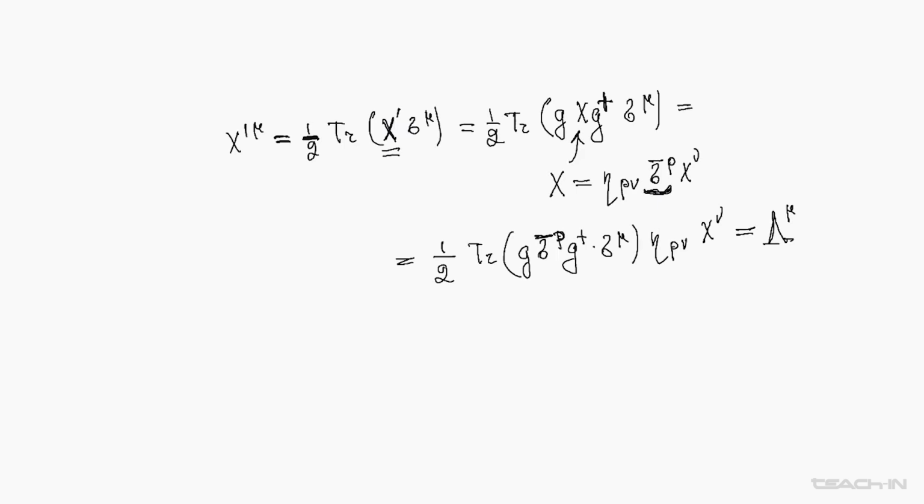Over index rho, I'm summing up, and indices mu and nu, they are here. Here you see index mu, and here you see index nu. And index mu is free as index on the left-hand side.